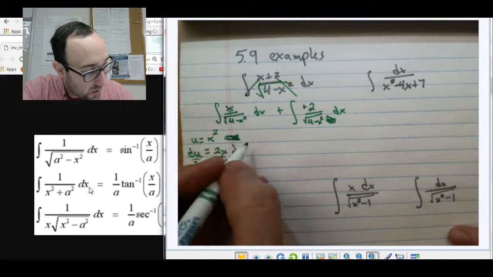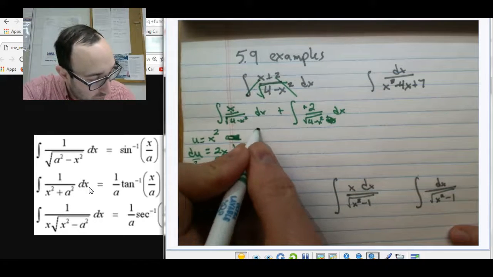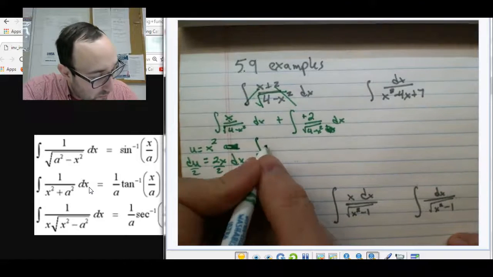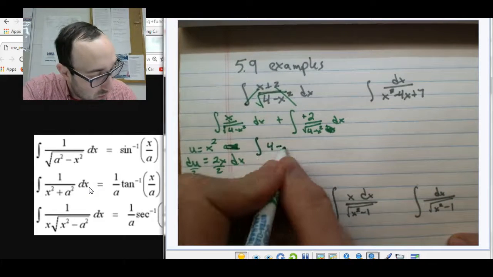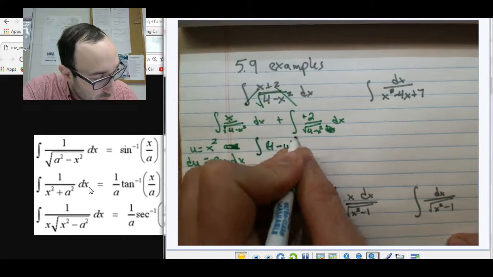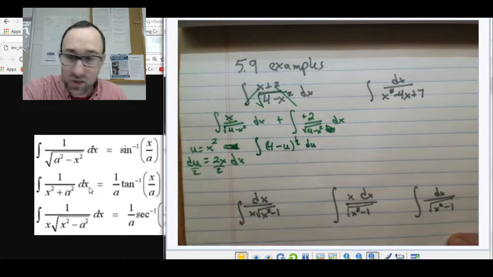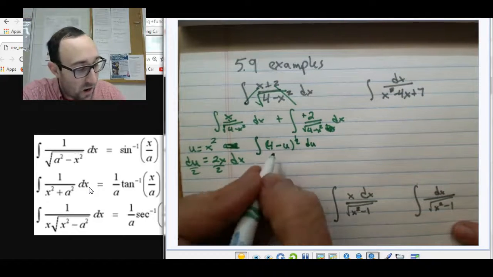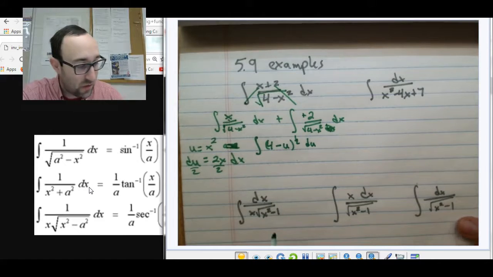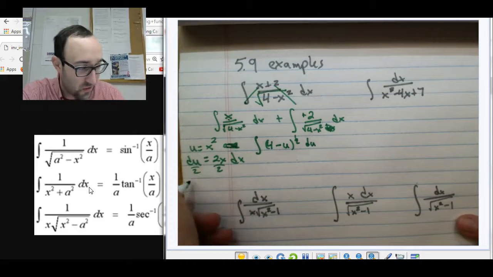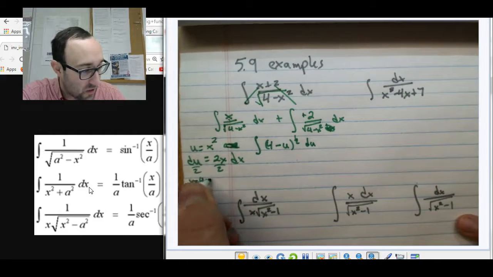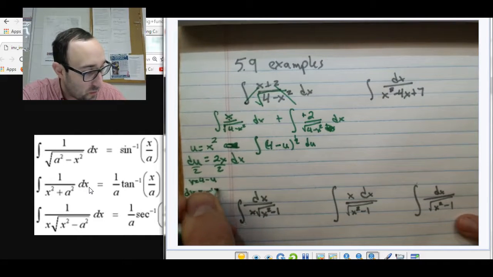So I have 1/2 the integral of 4 minus u to the 1/2 du. Now can I just go through and figure this all out? Sure, because I could say v equals 4 minus u, and dv would equal negative du.